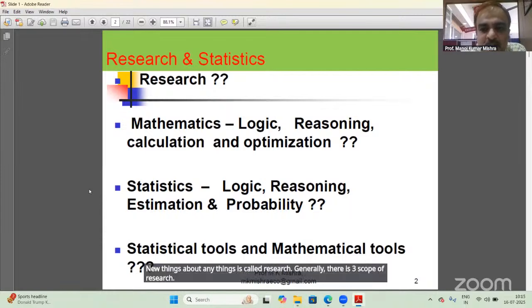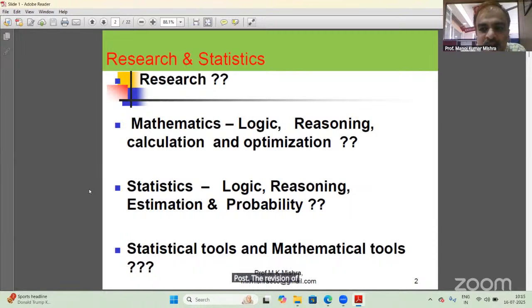First, revision of old things. Old research is required to be revised. Any theory in commerce and business, or in any subject, requires revision. Many persons have written papers on different topics.